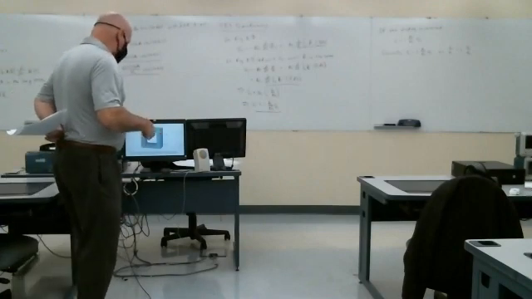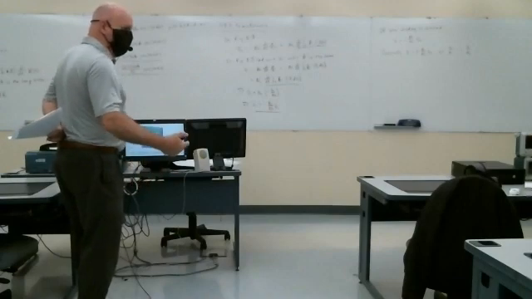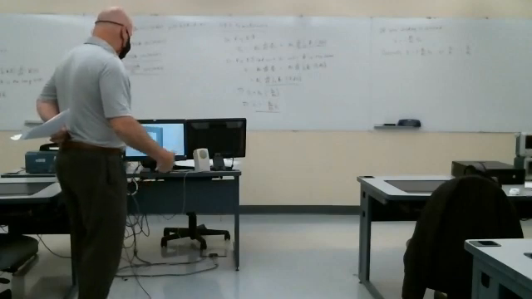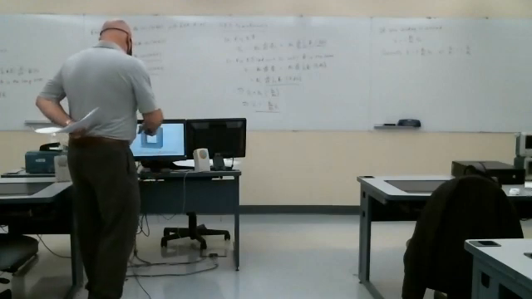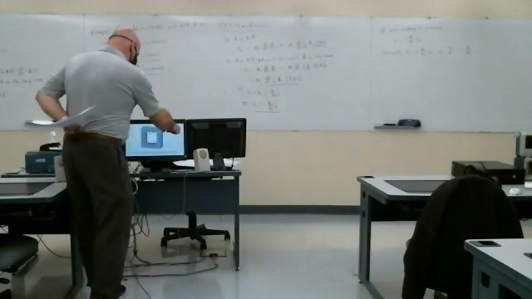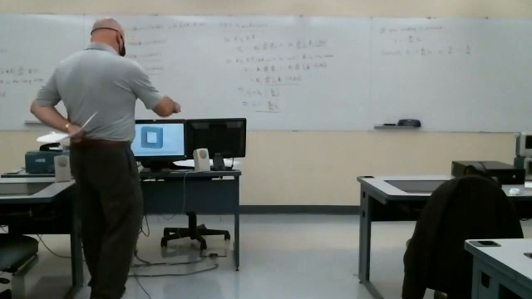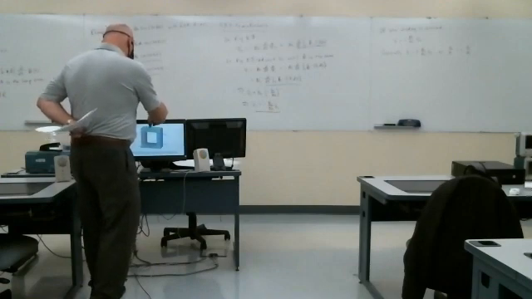Now, based on the assumed polarity of V2, we would say that in this case our current flows from the minus terminal around to the plus terminal.